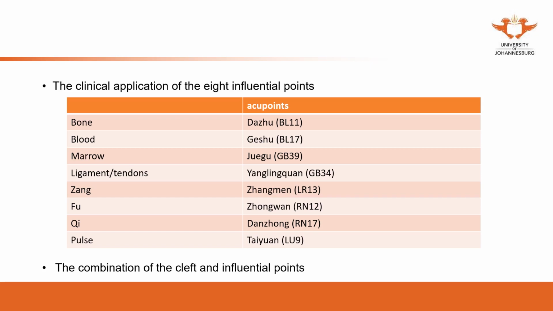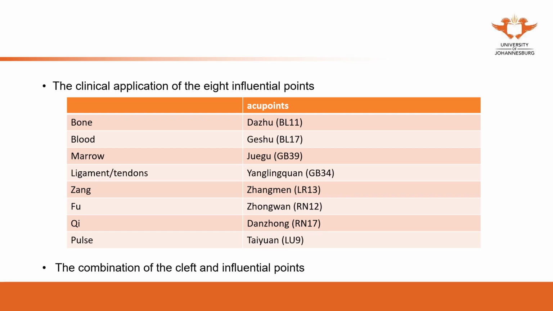The combination of the cleft points and influential points, we also can combine them in our treatments. For example, a patient suffers from acute asthma, the acute attack of asthma, with tachypnea. What we can do, we can choose the cleft points of the lung meridian. We're going to check the number from the previous slides. And in the meantime, I can select Ren 17, because this is the qi influential point.